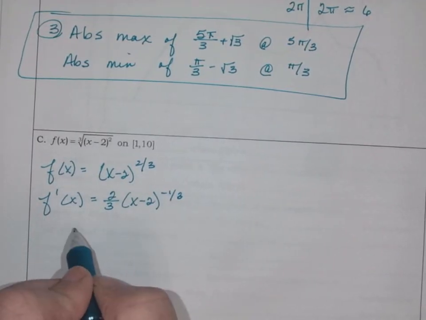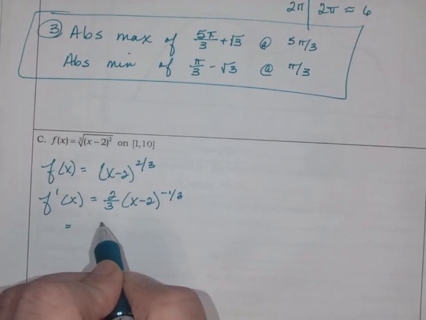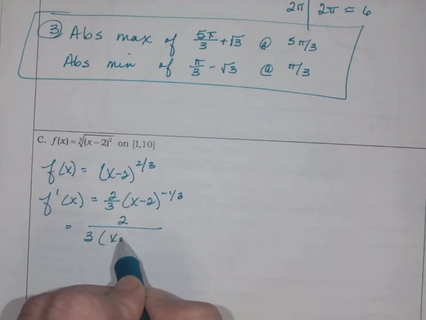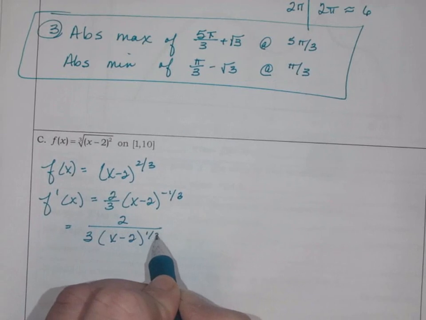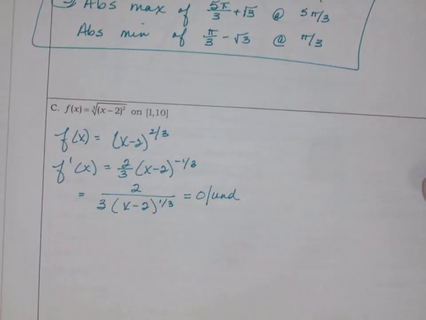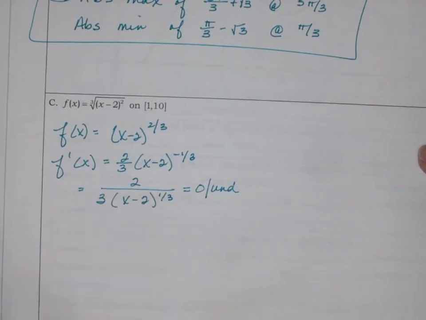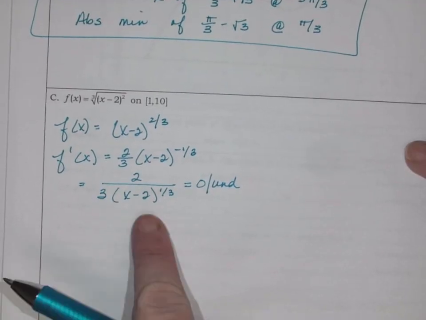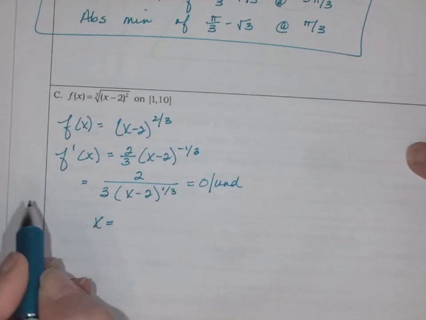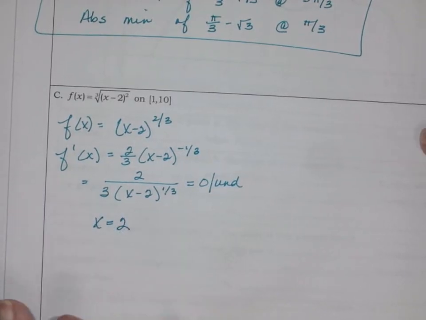So when I rewrite that, that's going to be 2 over 3 times x minus 2 to the 1/3. And we want to know where this is 0 or undefined. Well, it can't be 0 because the numerator can't be 0, but it can be undefined. So it's undefined at x equals 2.